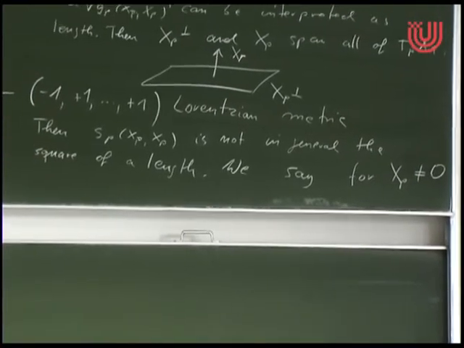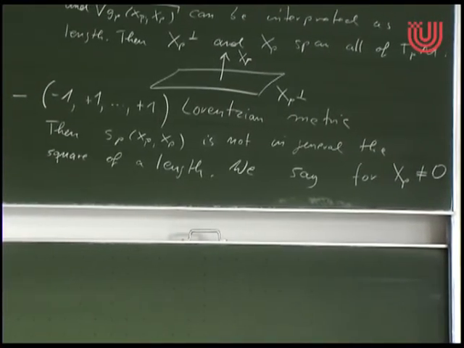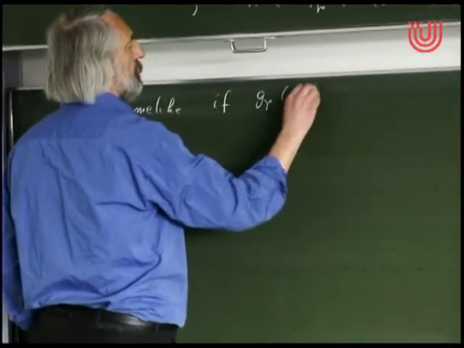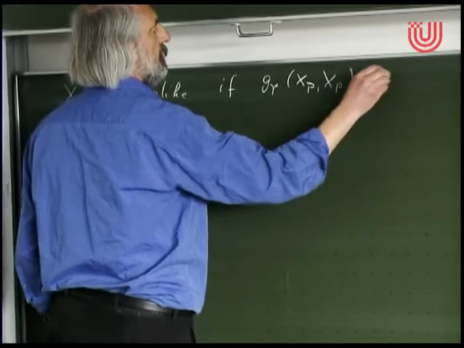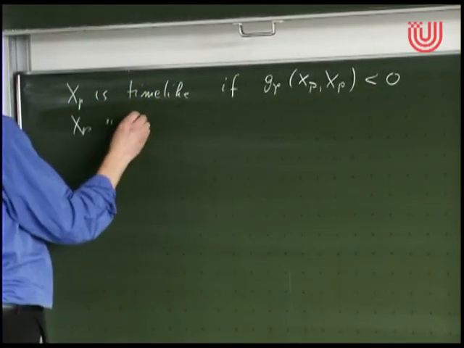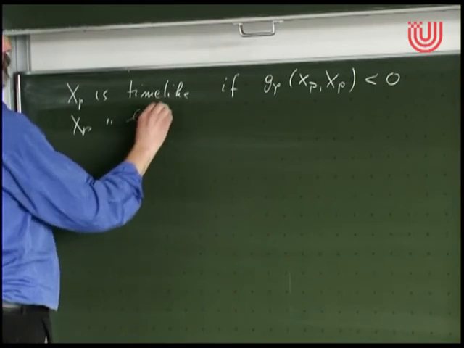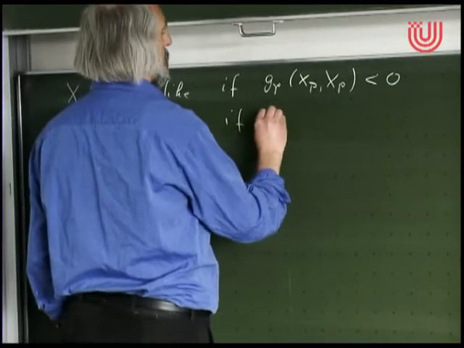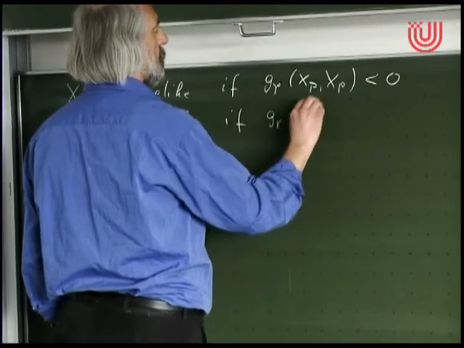What's the causal character of the 0 vector? Let's exclude this. So we say it's time-like if this is negative. We say xp is light-like if this here is 0.